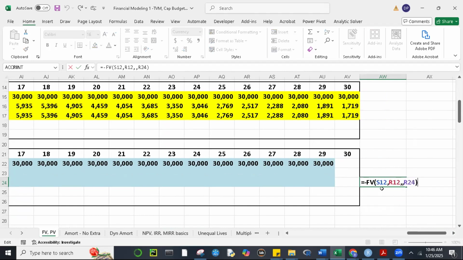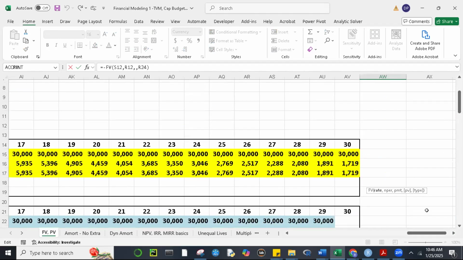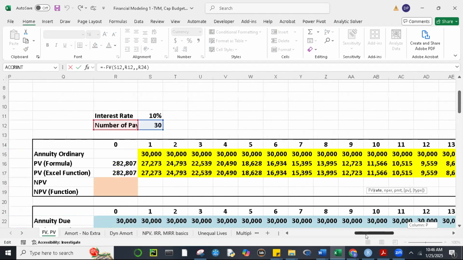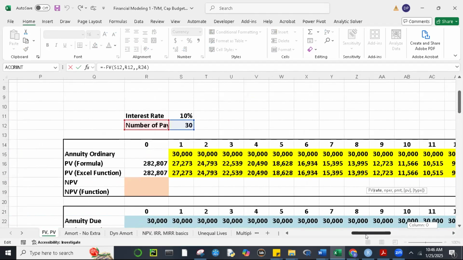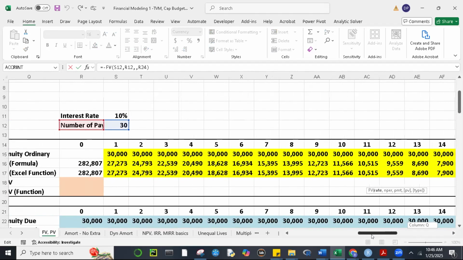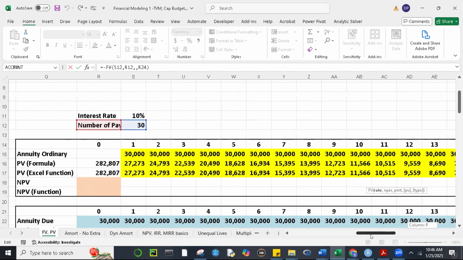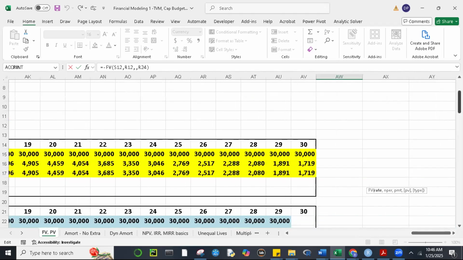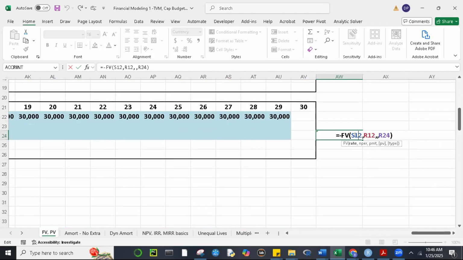Where did I make a mistake? This is rate, S12. Sorry, it should be S11 and S12.